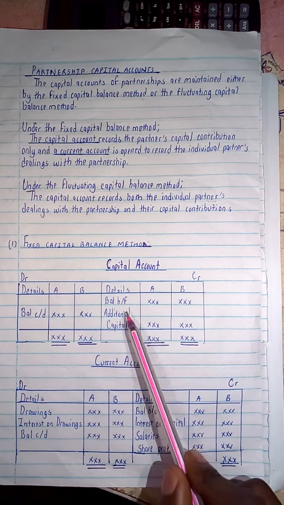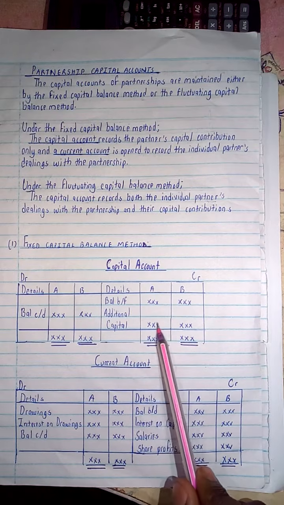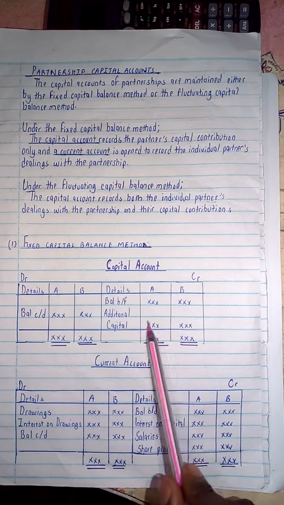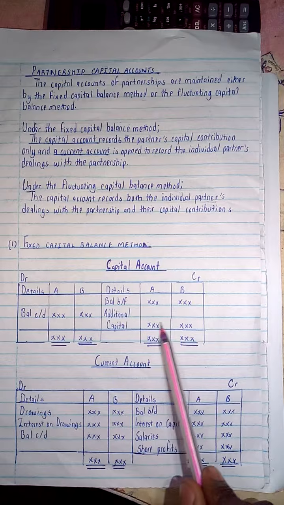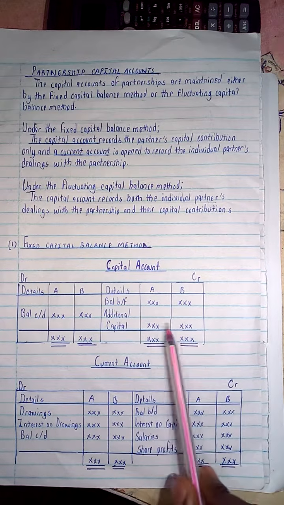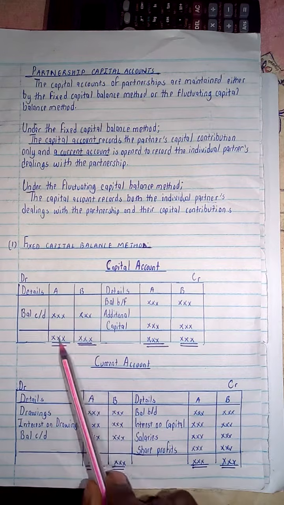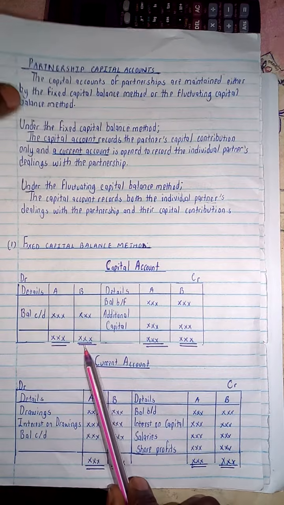If you have additional capital, it will still be on the credit side, because capital increases by crediting. So if you bring in more capital, it will increase by crediting. Then the balancing figure, which is the balance carried down, will be on this side, to make this side balance too. And this is what I have done, placing from that format.